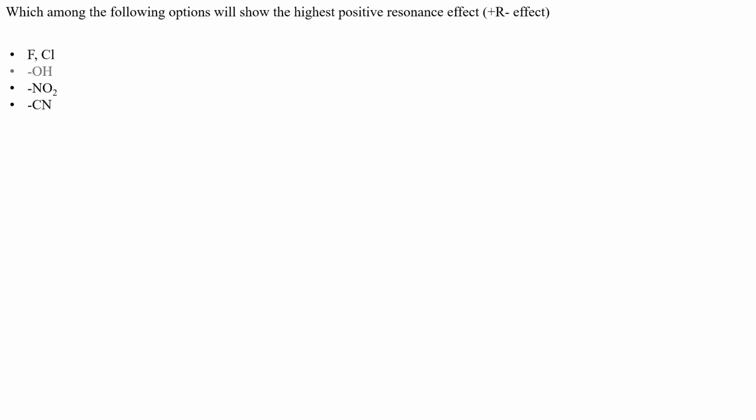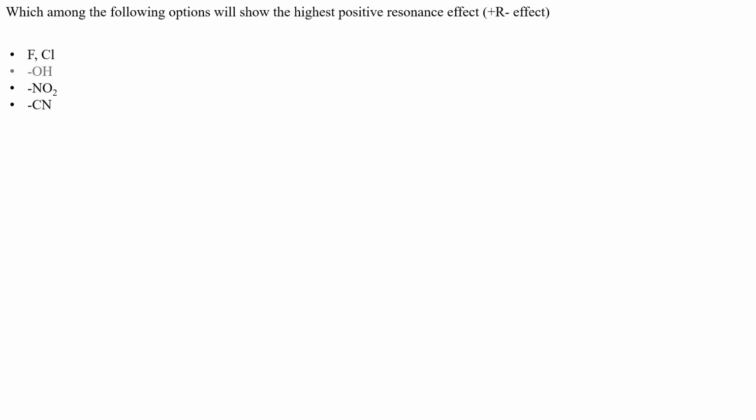This substituent group donates electrons to the main species, and that creates a resonance effect because of the polarity. Since it has a negative charge and is donating the electron to the main body, that creates a positive resonance effect.